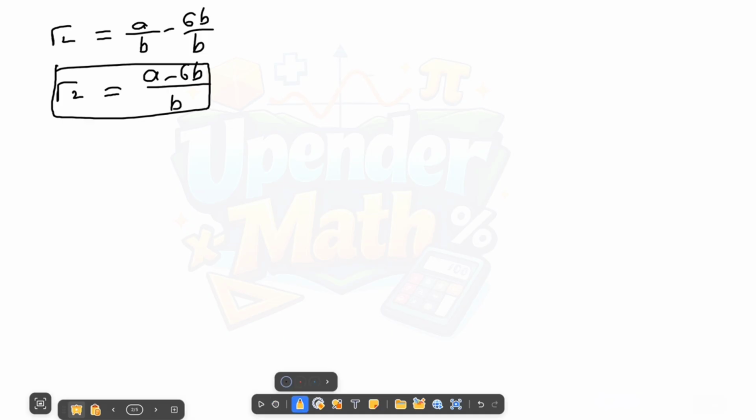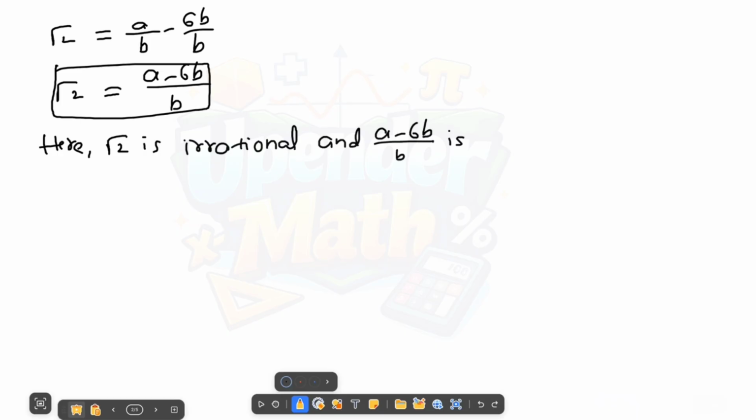So here root 2 is an irrational number and (a minus 6b) by b is a rational number, and an irrational number should not equal a rational number.